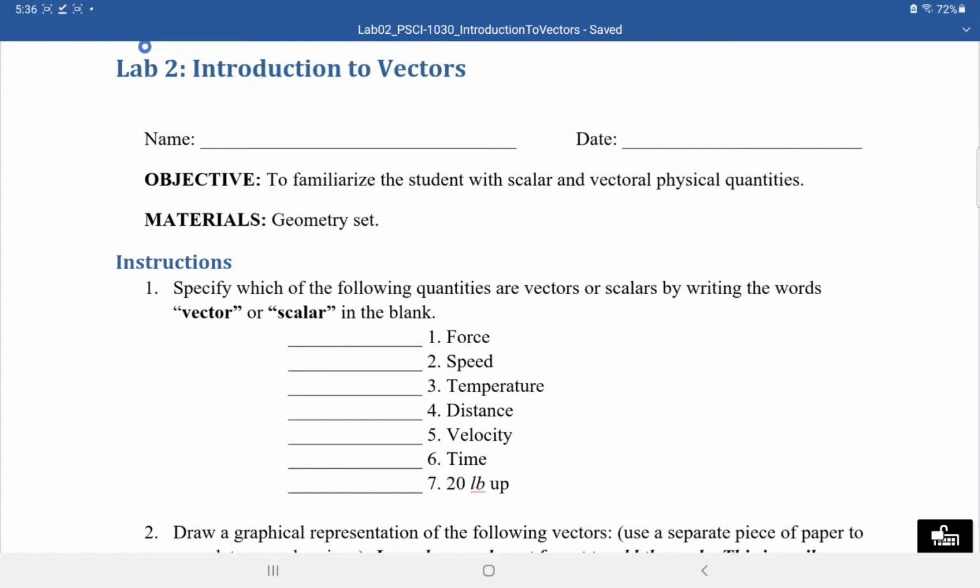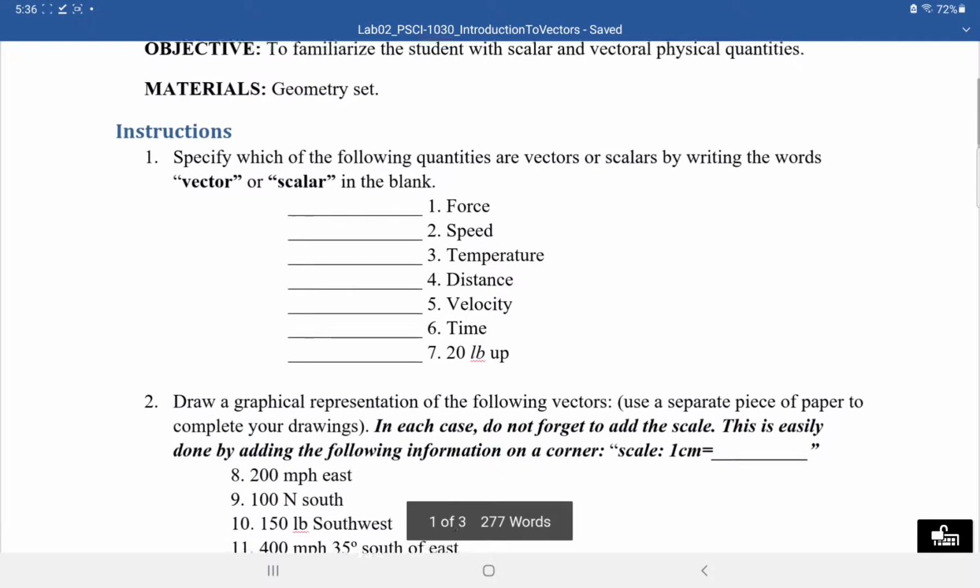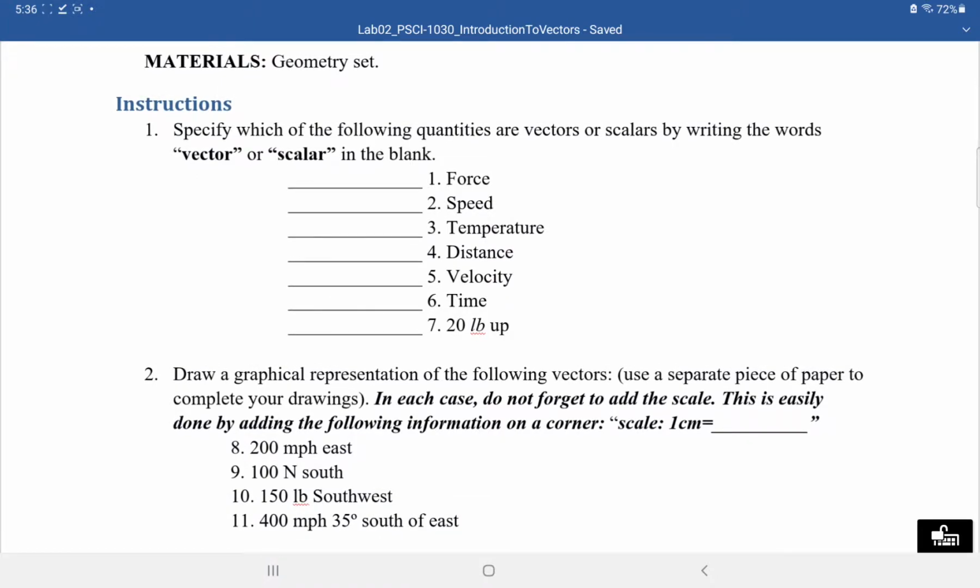First, let us begin with some physical quantities and how to identify vectors. Vectors are those physical quantities that have both magnitude and direction. We represent a vector by a line with an arrowhead, right?